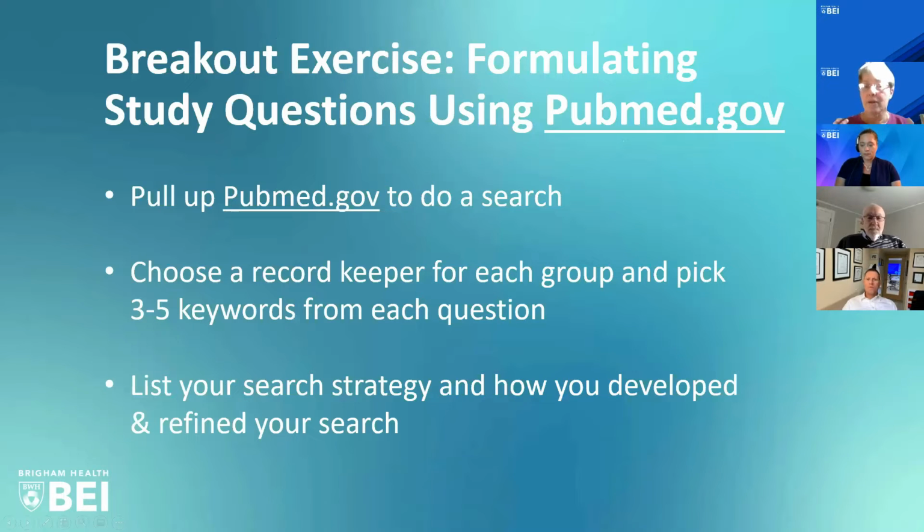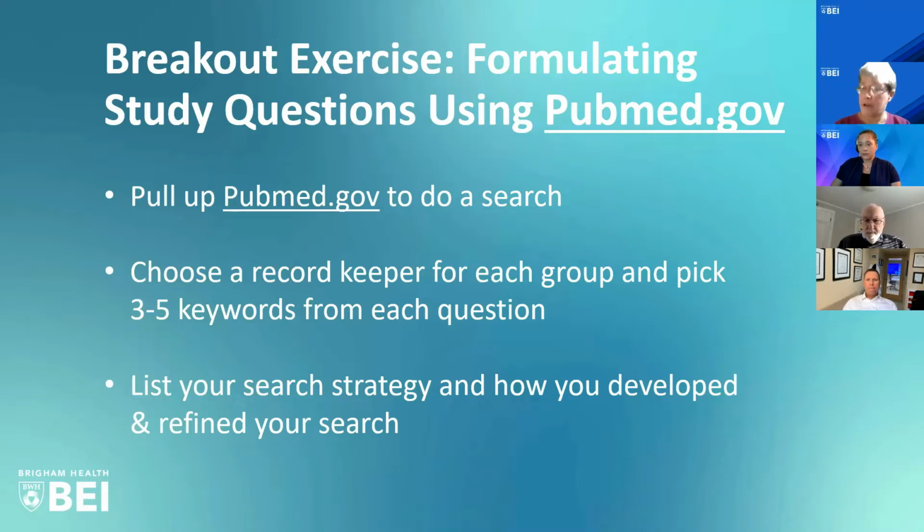So in our breakout session, which is going to happen next, we're going to examine two questions, and we're going to pull up pubmed.gov. We're going to look at these questions, examine the concepts in the question, think of synonyms and other words, and formulate a very short search strategy.